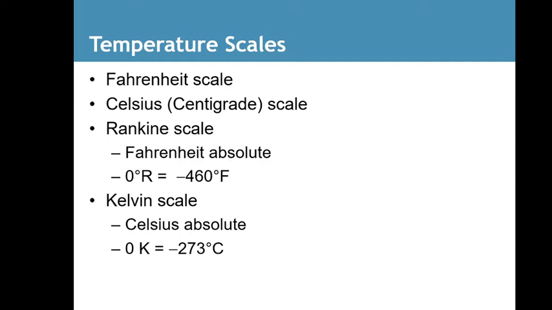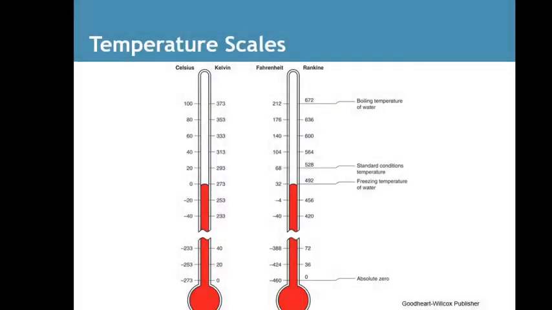So in Celsius, absolute zero is negative 273 Celsius, or 0 on the Kelvin scale. Here are two thermometers to show you the difference between Celsius, Kelvin, Fahrenheit, and Rankine.